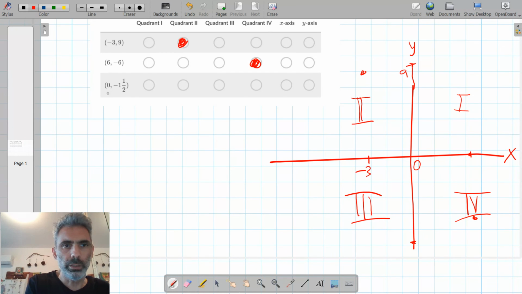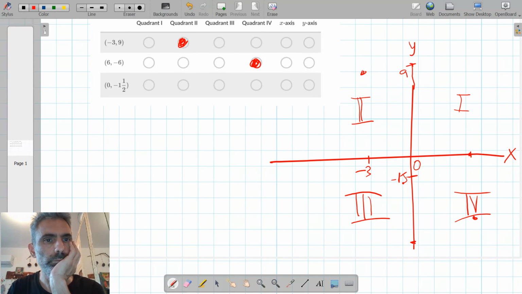And for the last ordered pair, we have 0 on the x and minus 1.5 on the y. It's on the y-axis.